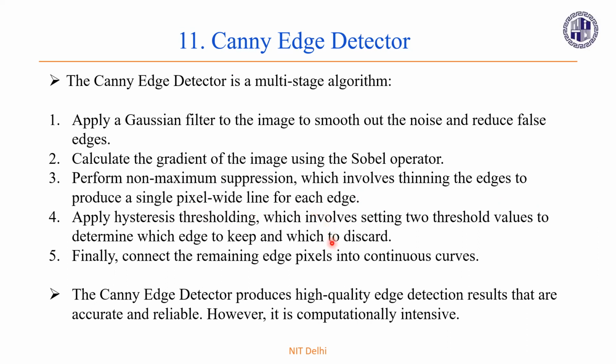Then we apply hysteresis thresholding, which involves setting two threshold values to determine which edges to keep and which to discard. This technique will give us the high intensity edges and low intensity edges, so we can filter them out. Finally, connect the remaining edge pixels into continuous curves.